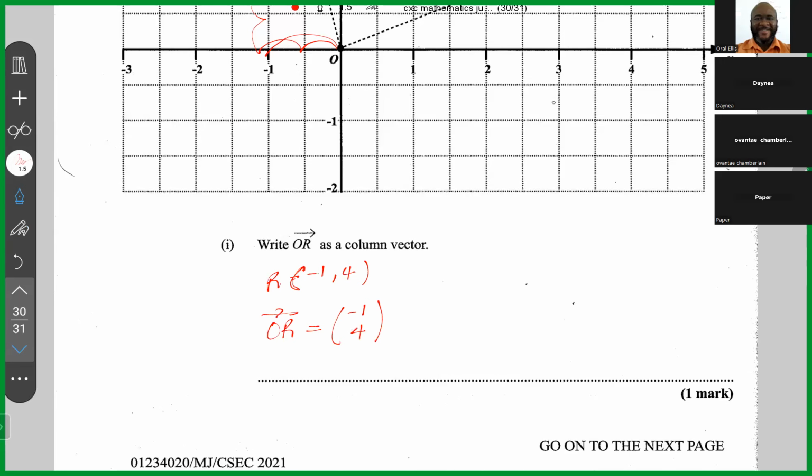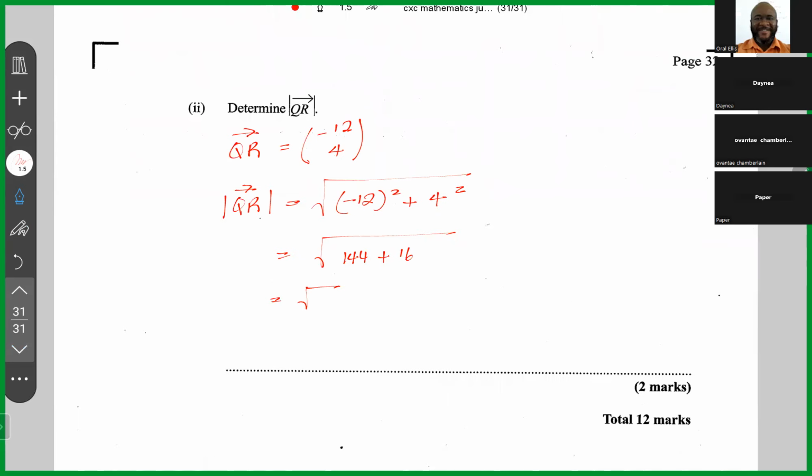Q is actually not (6, 2). It's not 12 because it's 2 for 1. So it's actually (-6, 2). Let's go back again.